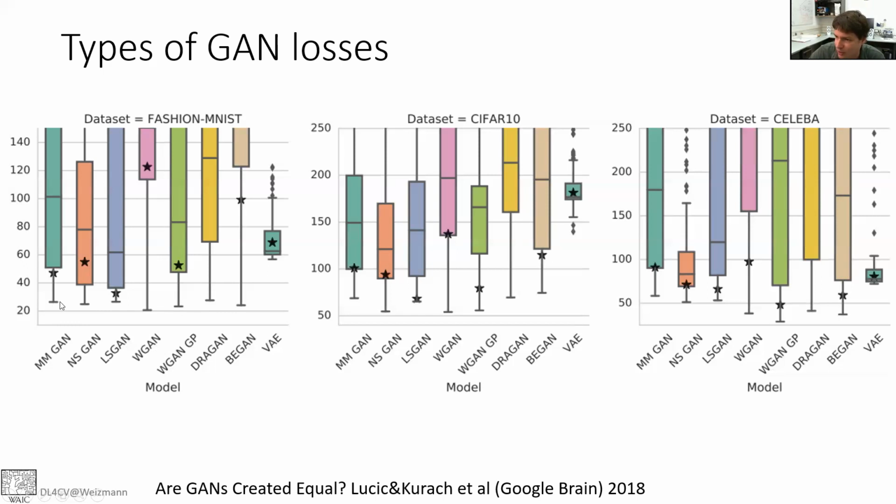Okay, and they all spread along a very big distribution of possible results, including very bad results like over 100 FID and stuff like this.